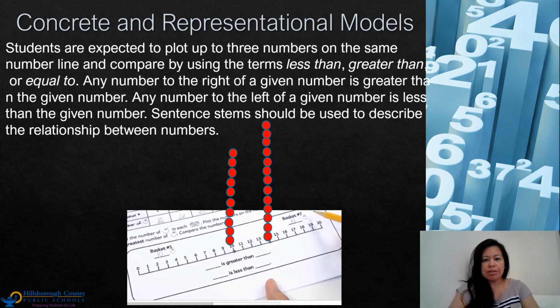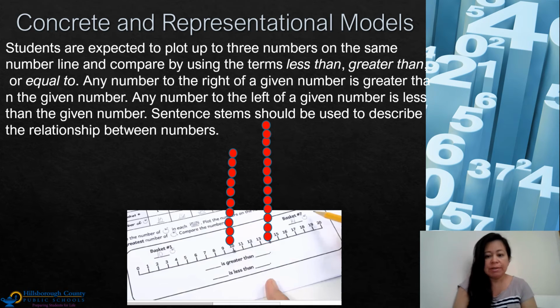Speaking of concrete to representational models, we want to make sure that we are connecting our number line models, which can be very abstract for students to understand, to concrete representations. So here are just a couple of examples. We can take our tools and we can build the numbers right on top of where the numerals are represented on the number line.